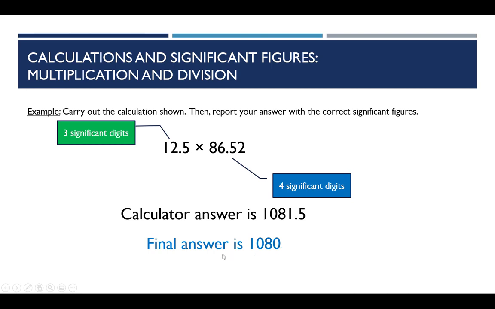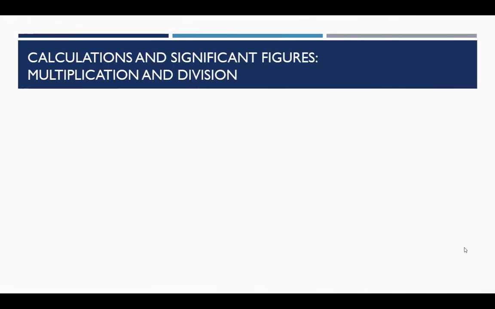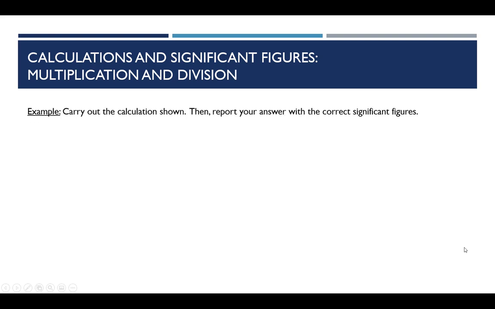Indeed it is. So the final answer here is 1080, and we have 1, 2, 3 significant digits. That's because the 0 in between the 1 and the 8 is significant. A trailing 0, a 0 at the end, is only significant if there's a decimal point written, which there is not. Let's take a look at another example.